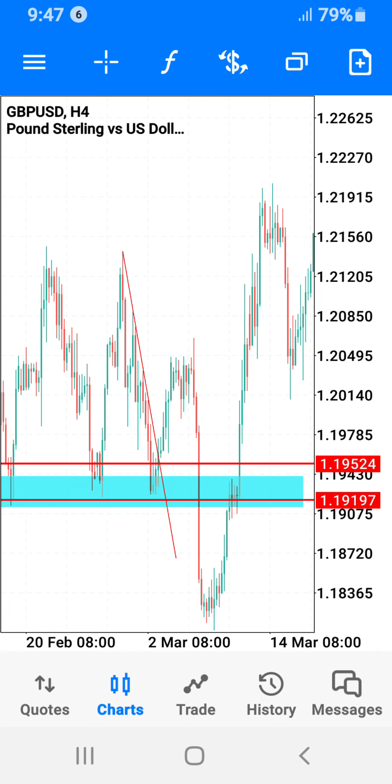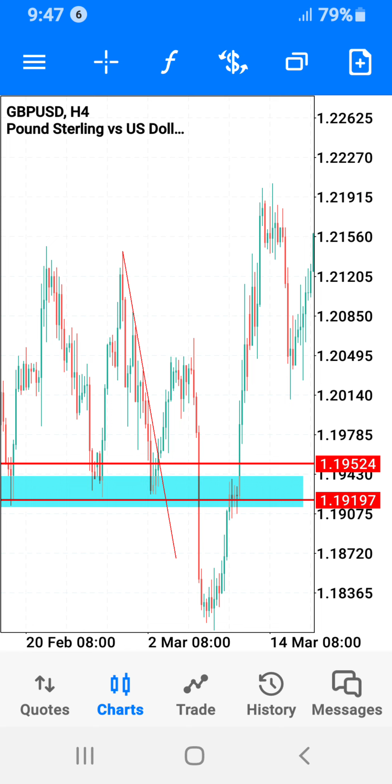We have gotten one. From our entry to our stop loss is the points that we want to risk. We want to get a good reward, not just one to one. We want to get 1 to 2.